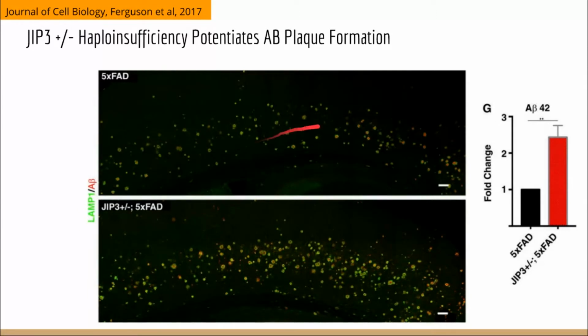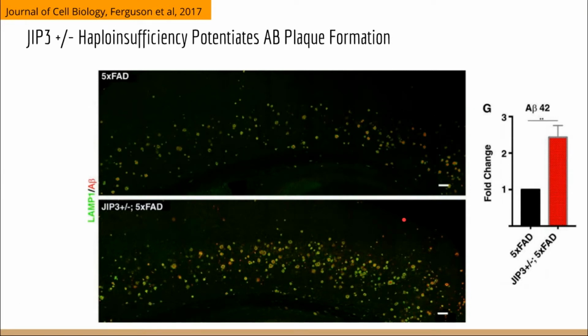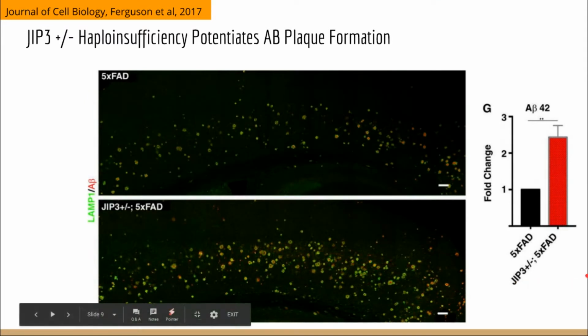What they found was that JIP3 haploinsufficiency significantly exacerbates the accumulation of amyloid beta 42. So these 5X FAD mice with only one copy of JIP3 had almost 3 times the amount of amyloid beta production, as we see right here. And this immunohistochemistry we're looking at is in the cortex of these animals.